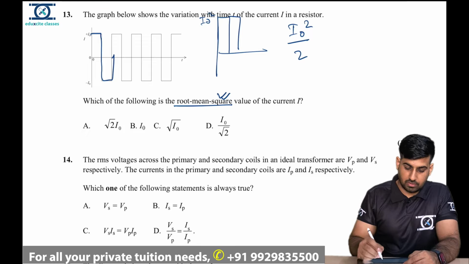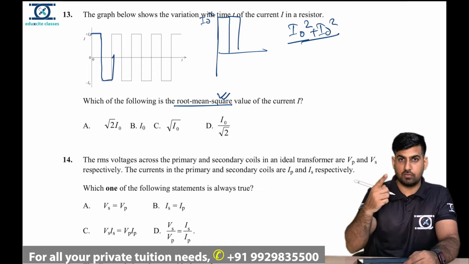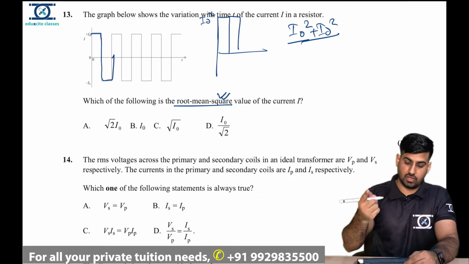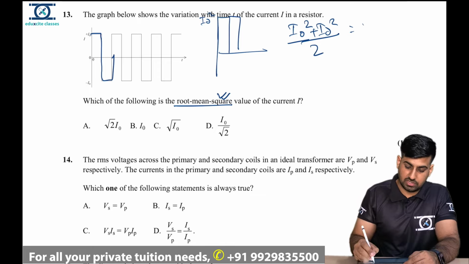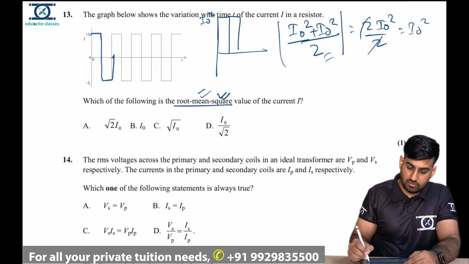First I have to take I naught square plus I naught square, because for one complete cycle it is I naught positive and minus I naught square. And then I take the mean, so this will be 2 I naught square by 2. So this is the first step, squaring. Then I have taken the mean, which is I naught square, and then the root again.